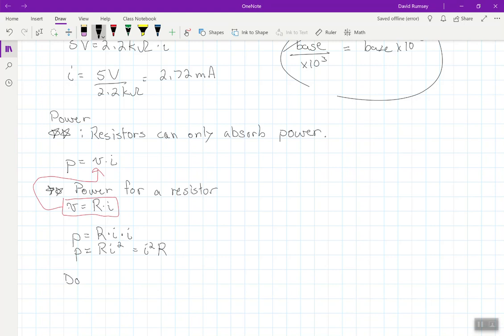Doing a similar substitution, we can get power is also equal to voltage squared divided by resistance.